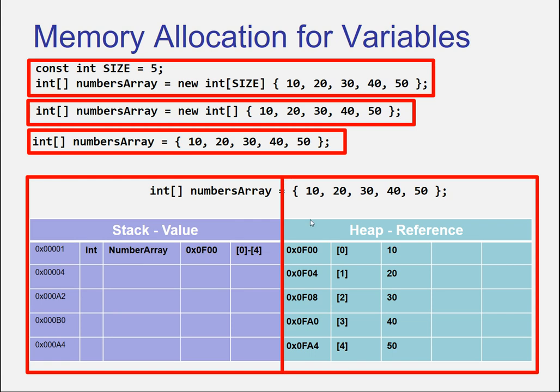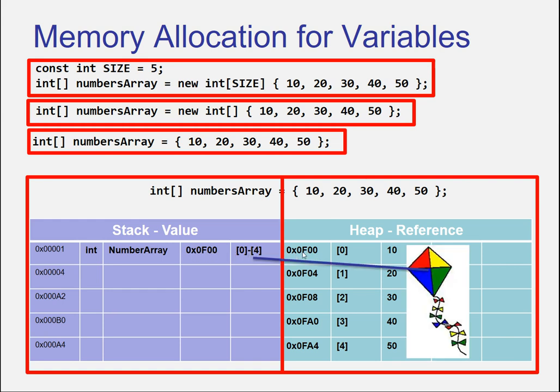Now, the second part is when we create an instance of this object up onto the memory. And you can see here that this 0x0f00 is now pointing over here. And this was the metaphor, the connection of the spool and the kite, where we're actually tethering this object.